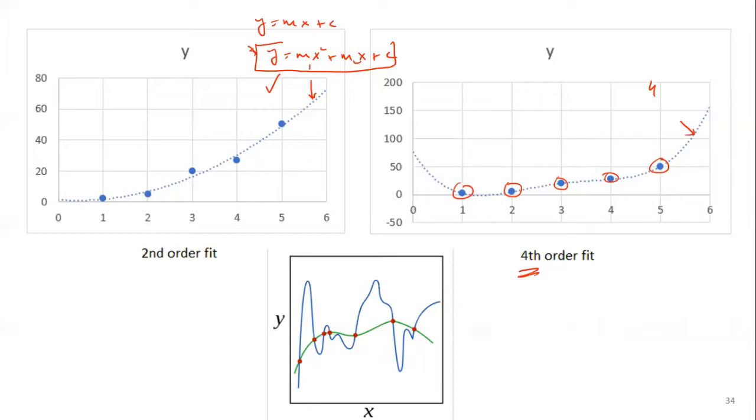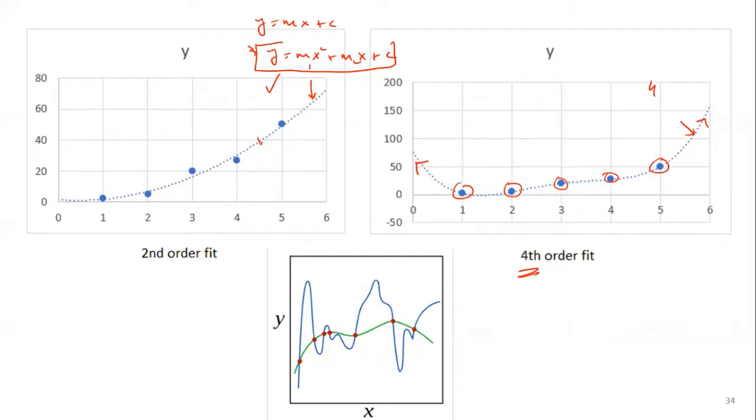Okay, this is something from maths. And it's going to go through every single point. But guess what? It is obviously an overfit. As you can see, if you look at this, where is this curve going? This curve is obviously going really crazy, right? This is not how you expect the output to be.